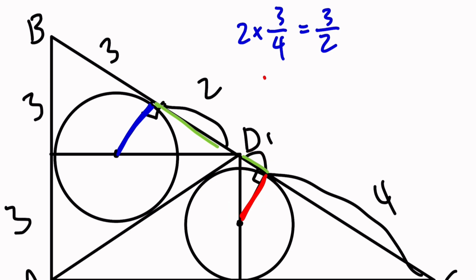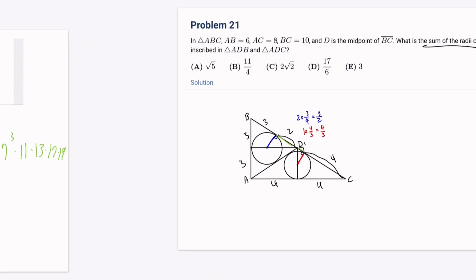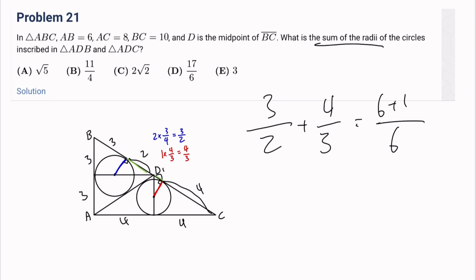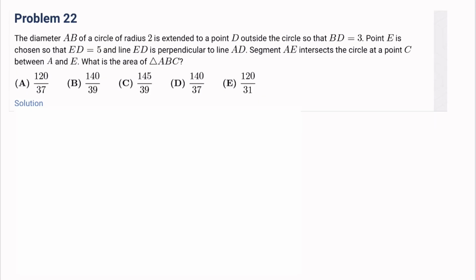So it's 1 times 4 over 3, so this is 4 over 3, right? And so the sum of the radii is 3 over 2 plus 4 over 3, which is all over 6, and then 9 plus 8, which is 17 over 6, right? So this is 17 over 6. The answer is D. Problem number 22.